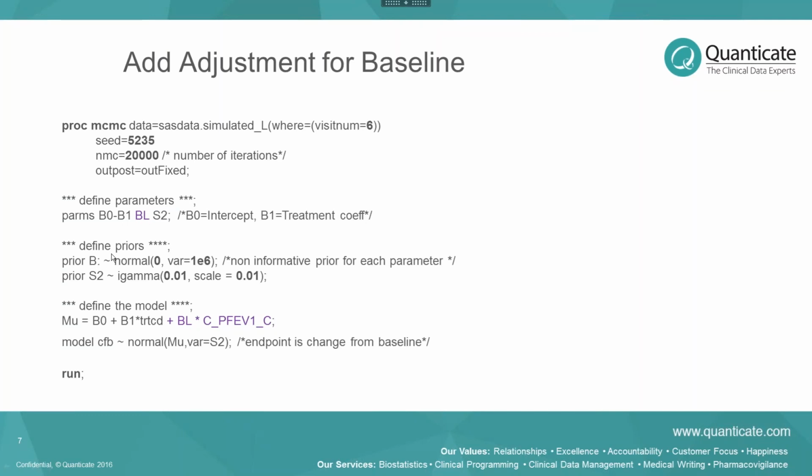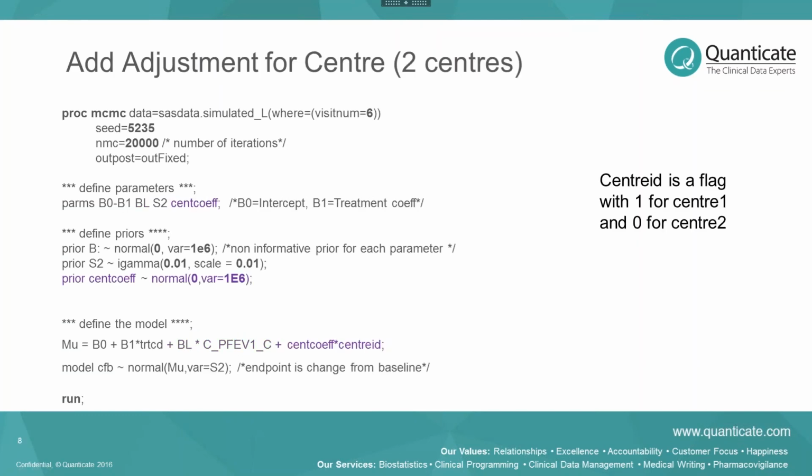If we want to add in the adjustment for baseline, we need to add another parameter. So this is a baseline parameter being added here. We don't need to add in the prior because it's already covered by this B colon. And then in the model, we've got the baseline parameter multiplied by its baseline variable. Now we're adding in centre.